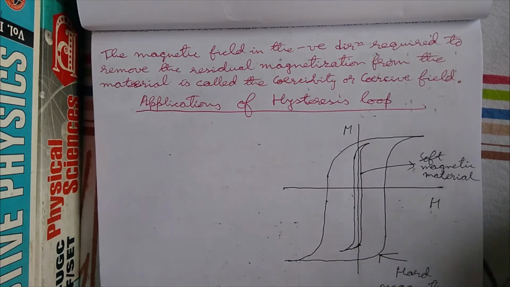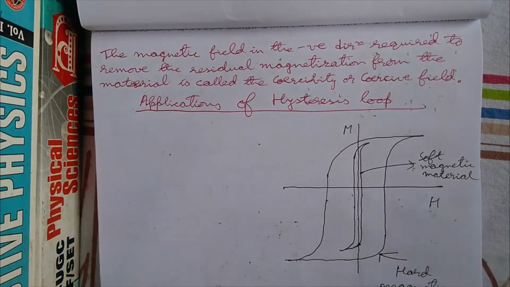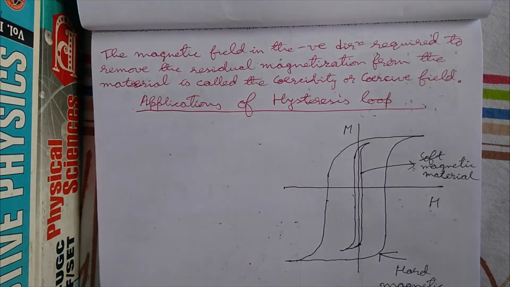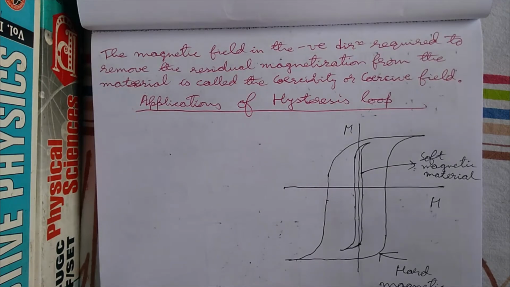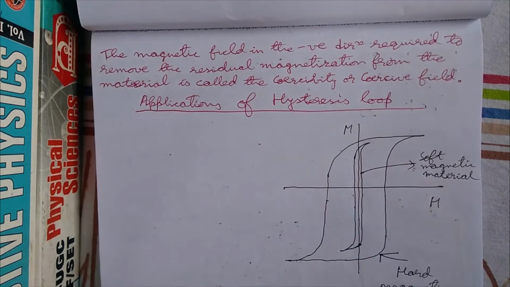Hard magnetic material means the area is more, so hysteresis loss is more.